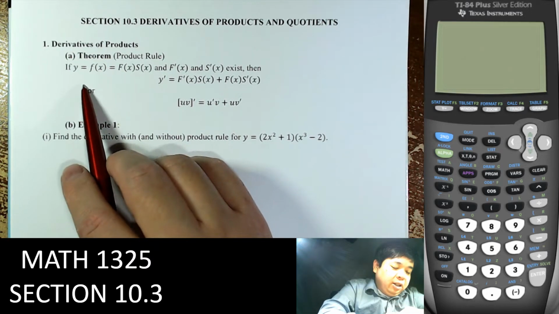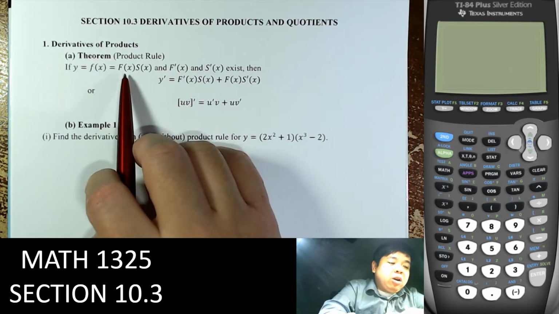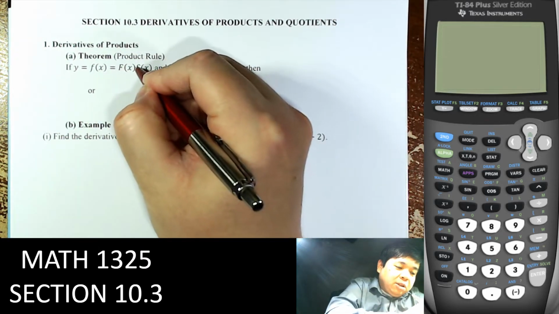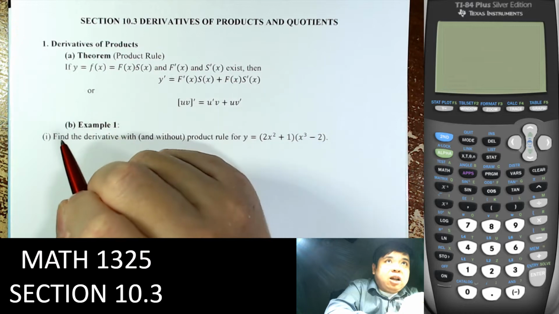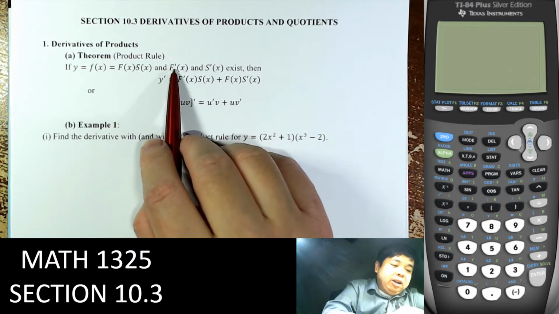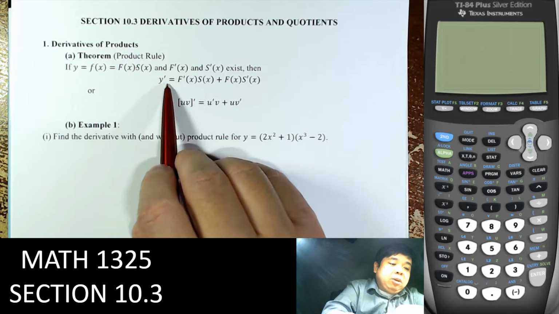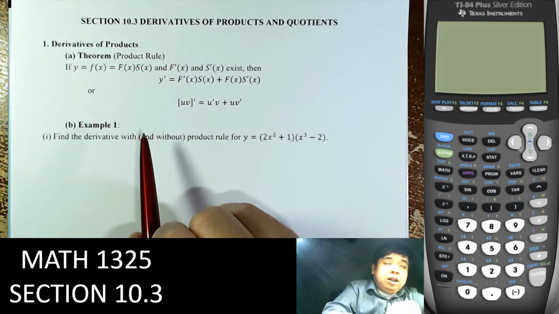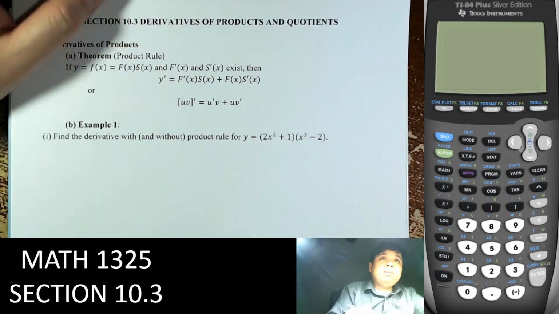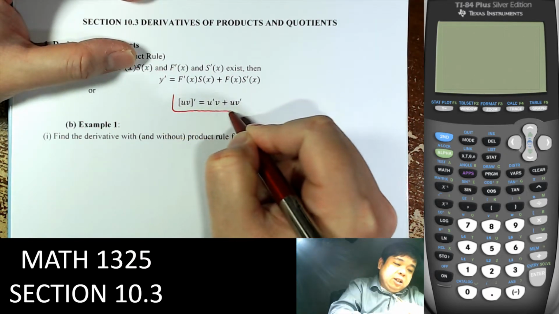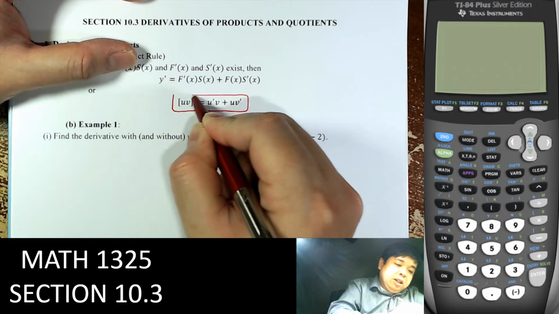Theorem. If we have a function as a product of the first function times the second function, and the derivatives of those functions exist, then the derivative of the product is given in that form. By the way, we prefer to write it in this form.